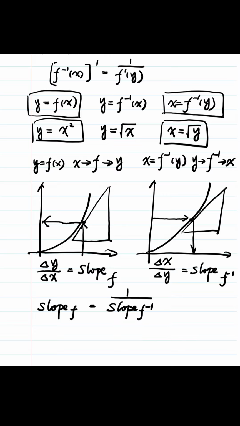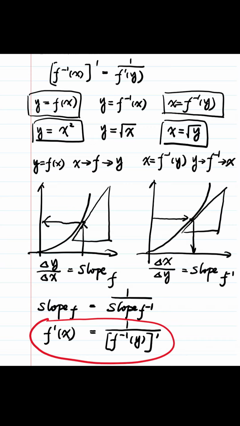The slope is the representative of the derivative. Then we have the derivative of the original function equal to 1 divided by the derivative of the inverse function. Then you can see these items are exactly the same as this one.